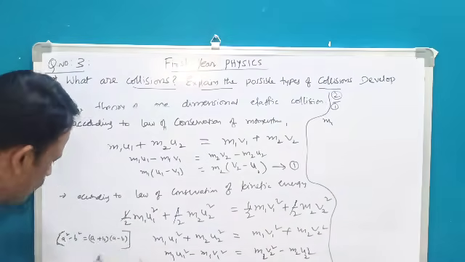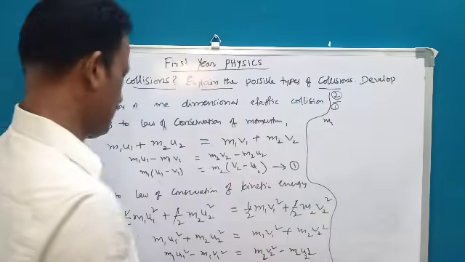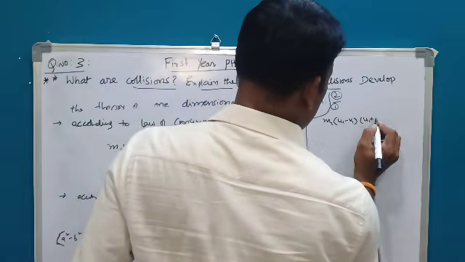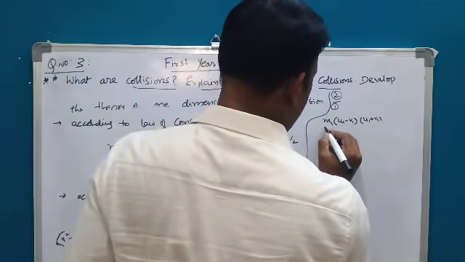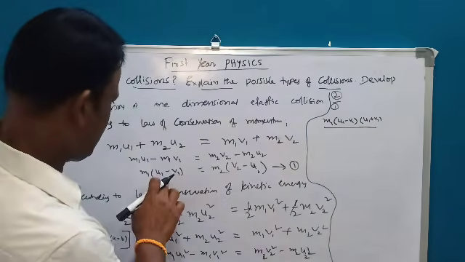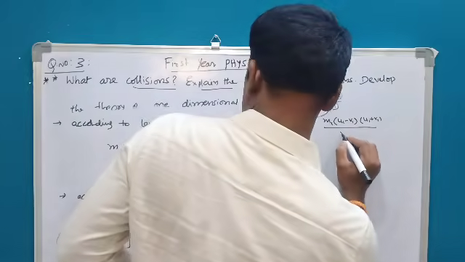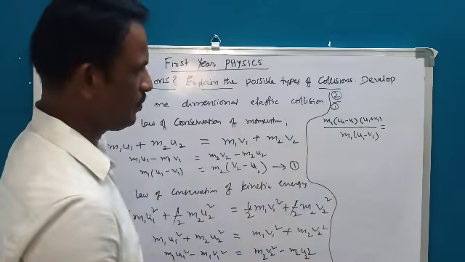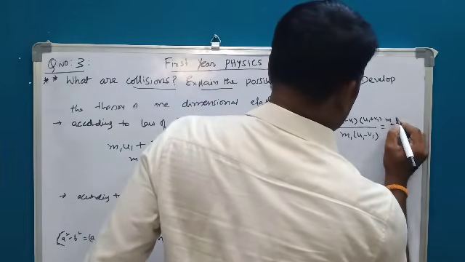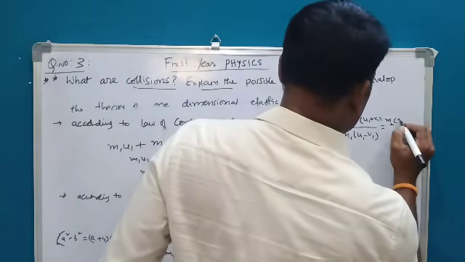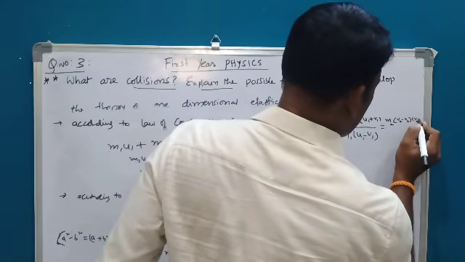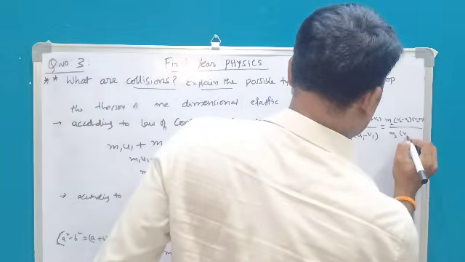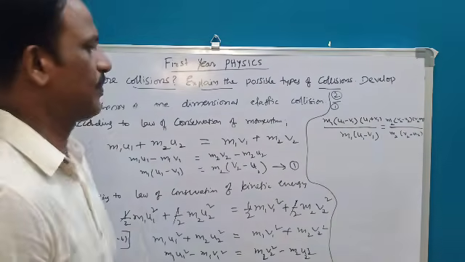In the same way we can write the left side as m1 (u1 minus v1)(u1 plus v1), divided by m1 (u1 minus v1) on the other side.